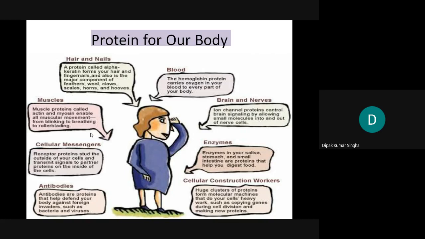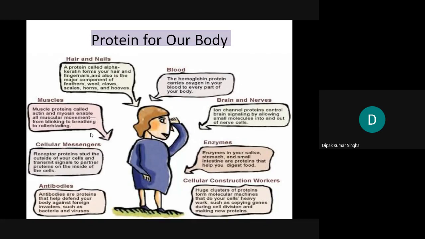And cellular messengers, for example the receptor protein. Suppose you take a drug, it acts basically through a receptor, and the receptor is a macromolecular protein. All cellular messengers, as well as hormones and secondary messengers, are also proteins.